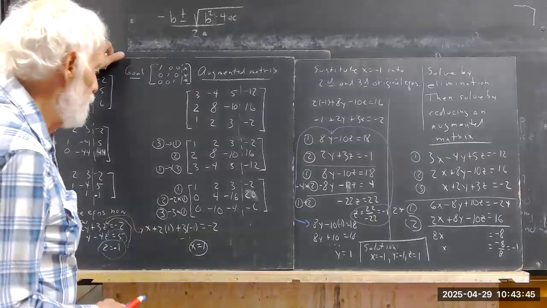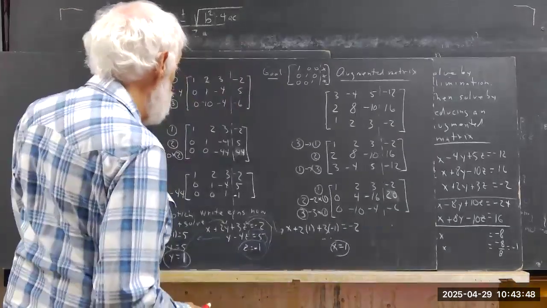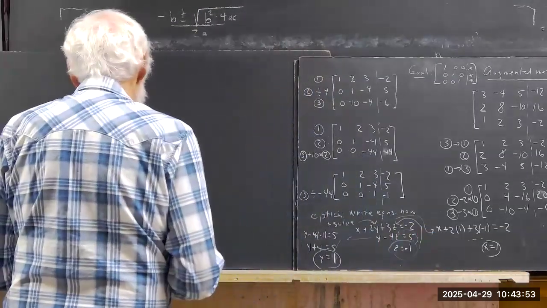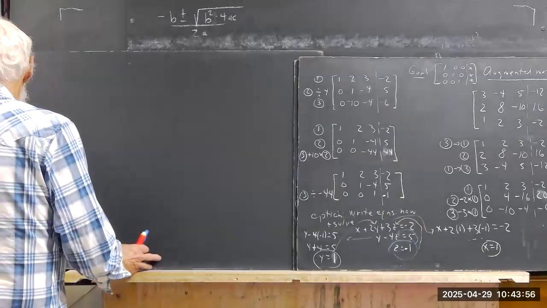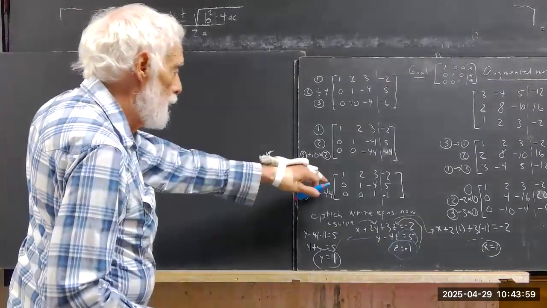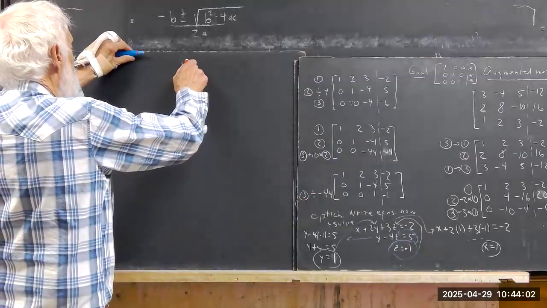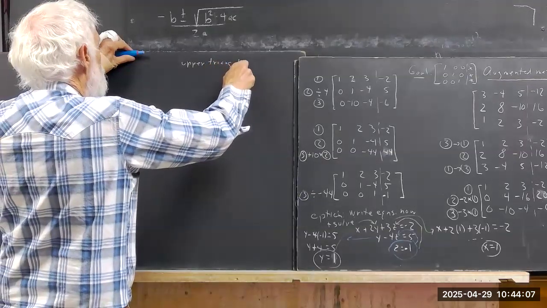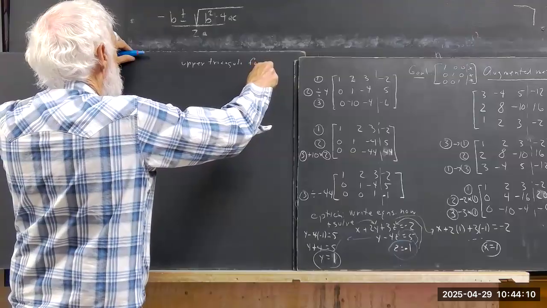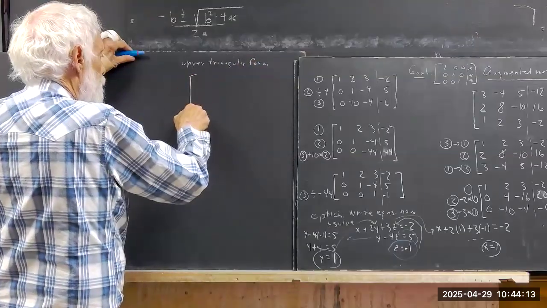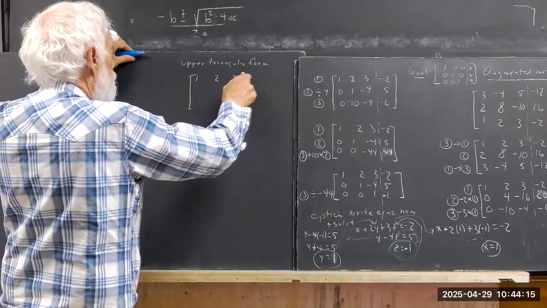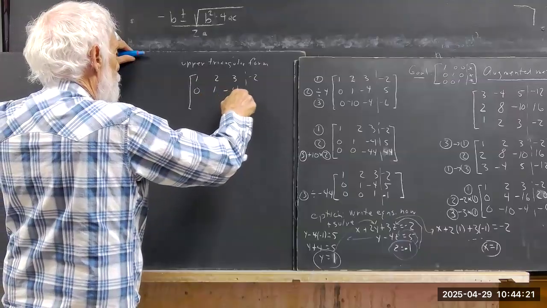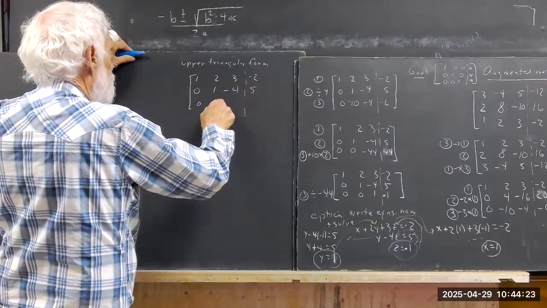Now just to complete this thing. Triangular form. 1, 2, 3, -2, 0, 1, -4, 5, 0, 0.